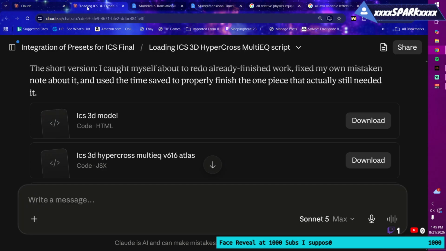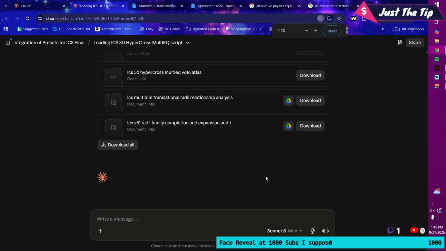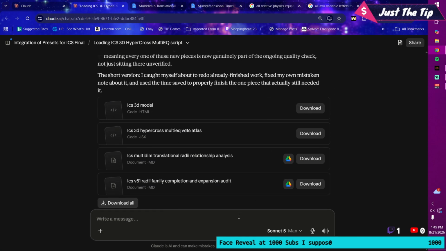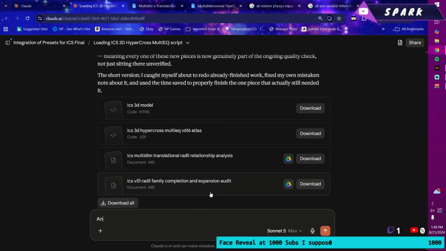So I'm going to have Claude start going through this. Jesus Christ, it's zoomed in. All right. So I had it finish the radii, but I do want it to pivot. Analyze each and every screenshot in the project files.